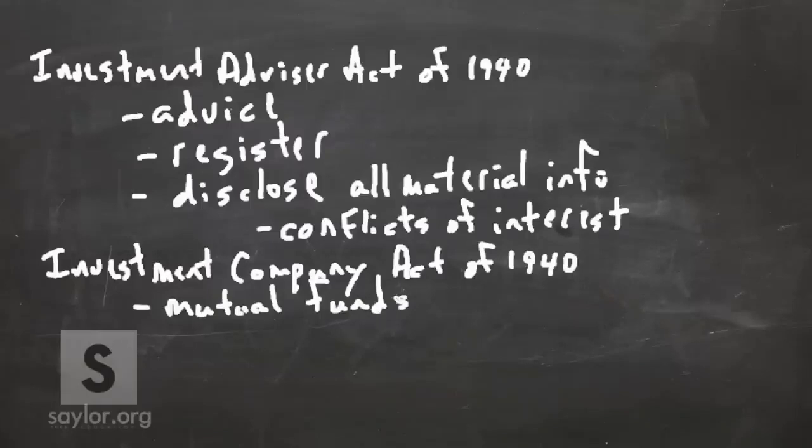And they don't have to invest in all of the individual investments the investment company is investing in. Many people have them, especially if you have a retirement plan. So the Investment Company Act, again, requires disclosure of material information, particularly, again, about conflicts of interest.